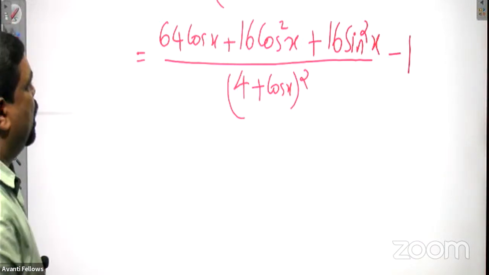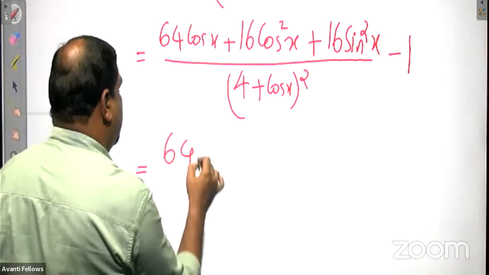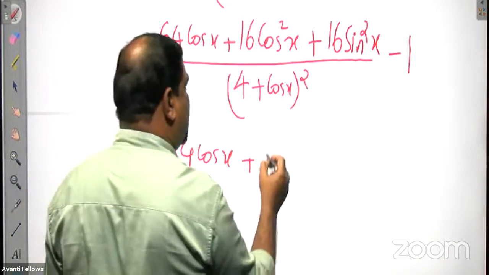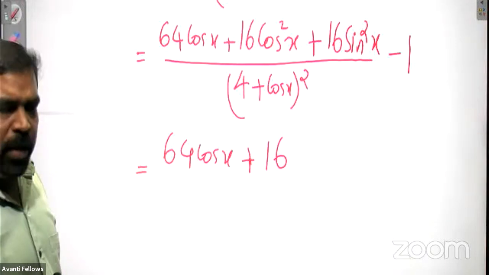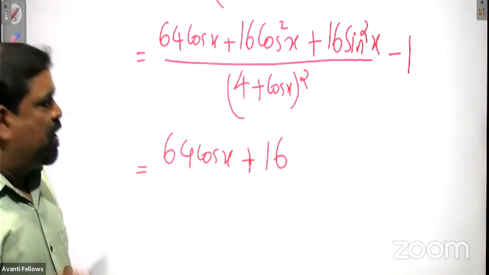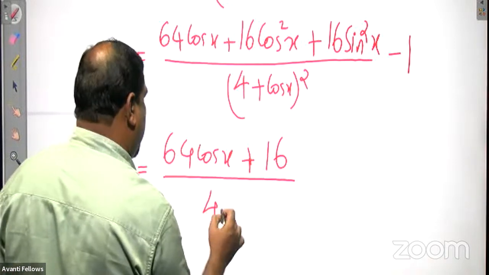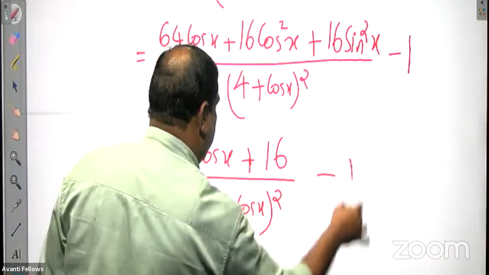Okay. And that's equal to 64 cos x plus 16 cos square x plus 16 sin square x. That means 16 into (cos square x plus sin square x), that is 1. So 16 into 1 means 16, all divided by (4 plus cos x) the whole square minus 1.